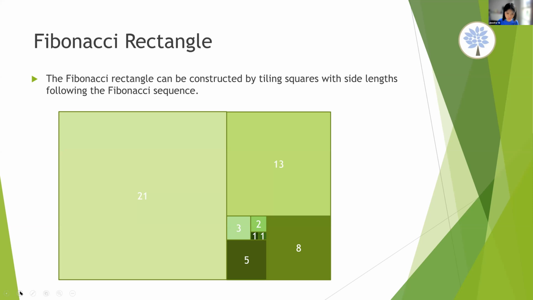The rectangle should grow indefinitely with construction of squares, as the Fibonacci sequence can go on boundlessly. We'll just go here, 34, then 55, and so on.